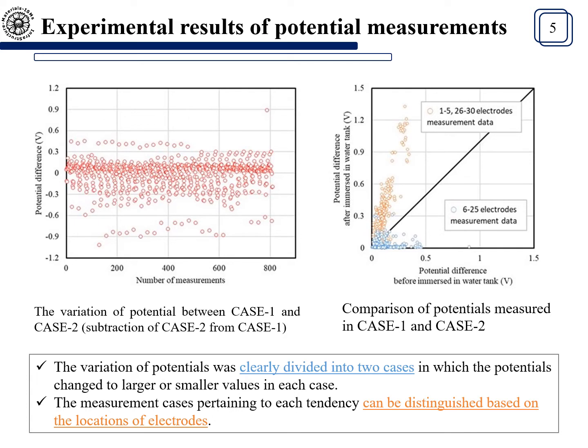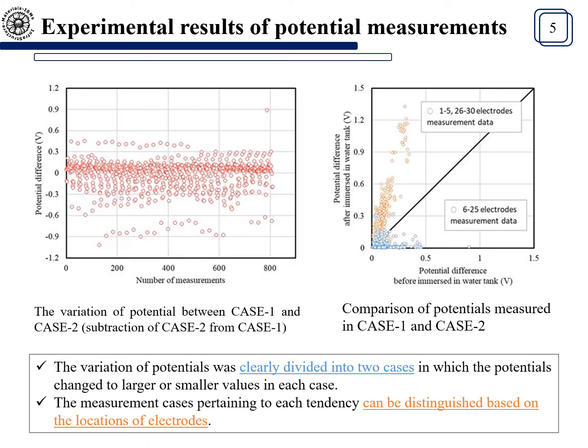In most cases, the variations were positive values, suggesting that the potentials changed to smaller potentials owing to water absorption. In contrast, some results were observed to be negative values, which could be attributed to dried regions deeper than 110 mm away from the exposed surface.